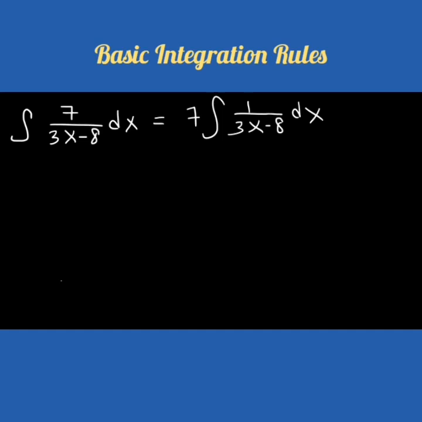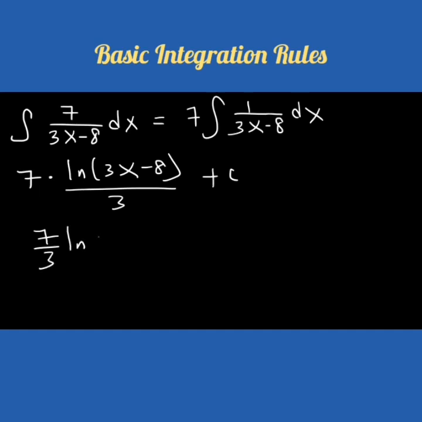Magiging 7 times the natural log of 3x minus 8 all over the derivative of 3x minus 8, which is 3, then plus c. Okay, so magiging 7 over 3 ln of 3x minus 8 plus c.